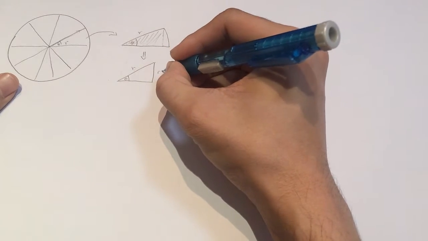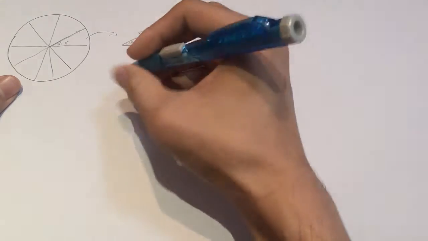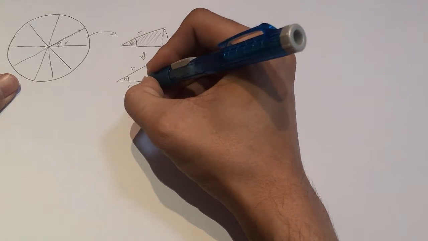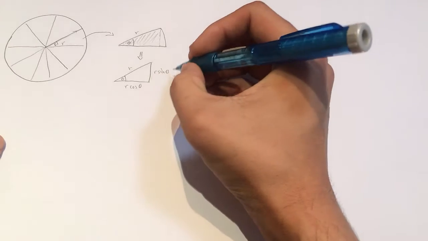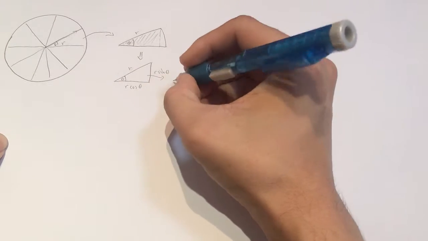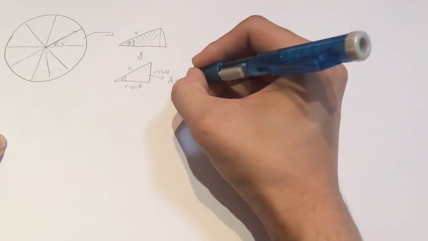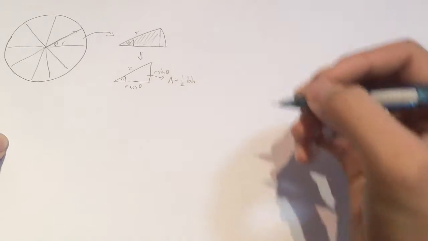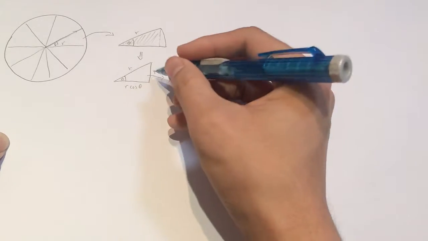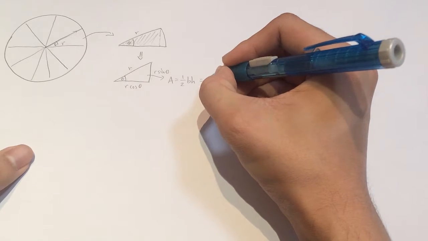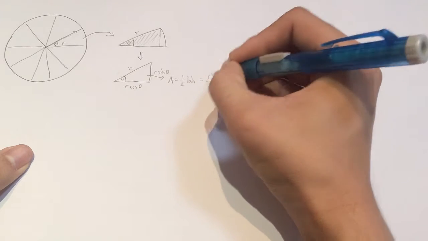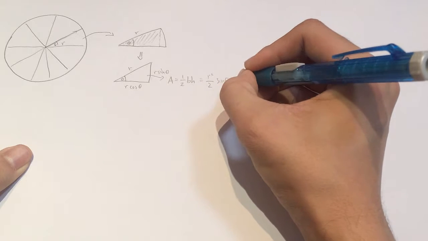This one will equal r sine theta, and this one will equal r cosine theta. Now you can work out the area of the triangle. The area equals half base times height, and if you take this as the base and this as the height, this will equal r squared divided by 2 times sine theta cosine theta, like that.